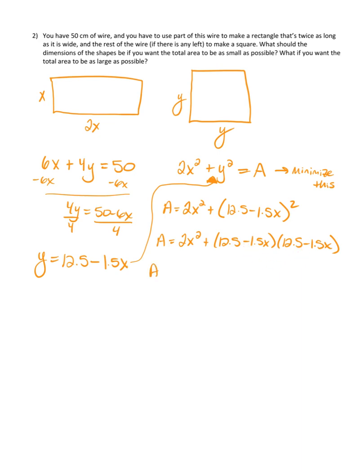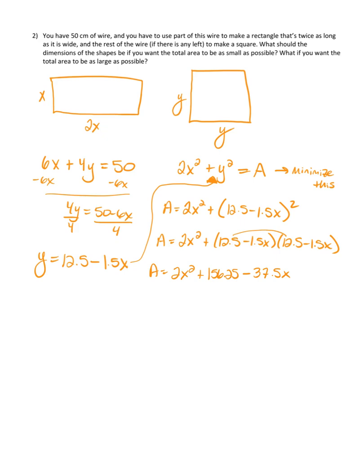So I get area is 2x squared plus 12.5 times 12.5 is 156.25. And then the outer and the inner, those combine to negative 37.5x.